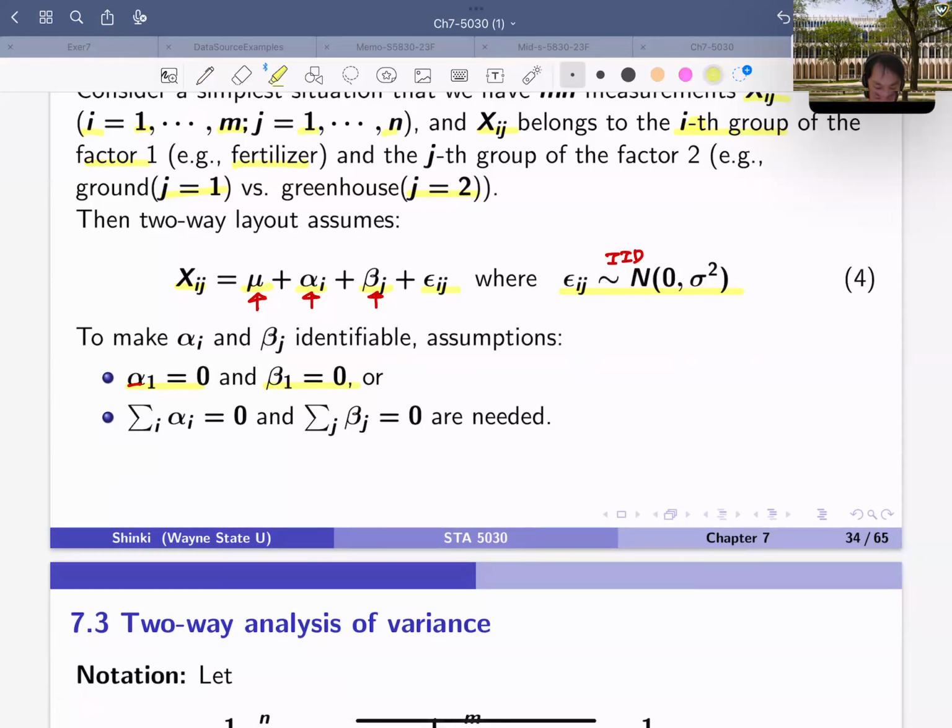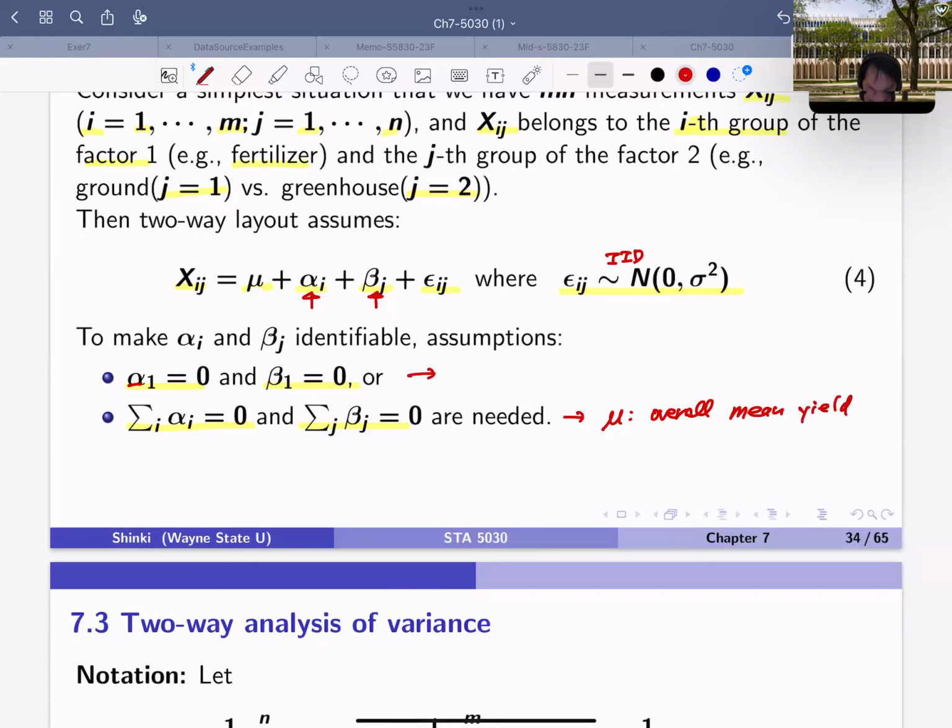And some people make slightly different assumptions, such as the summation of alpha i is 0 and the summation of beta j is 0. Sorry, I made a big mistake explaining mu. In this case, mu is the overall mean yield.